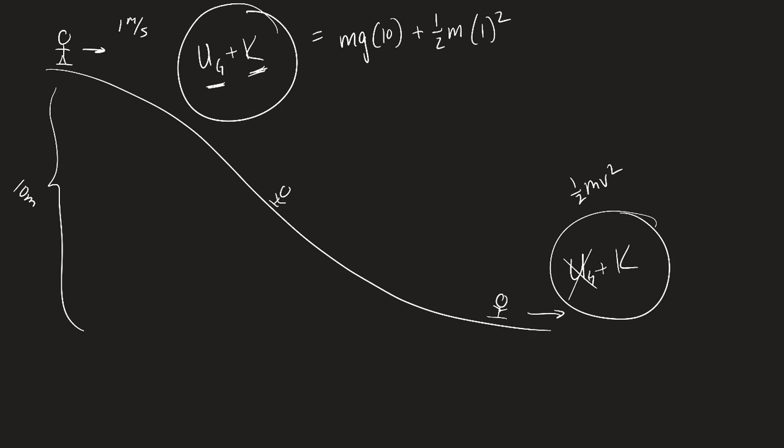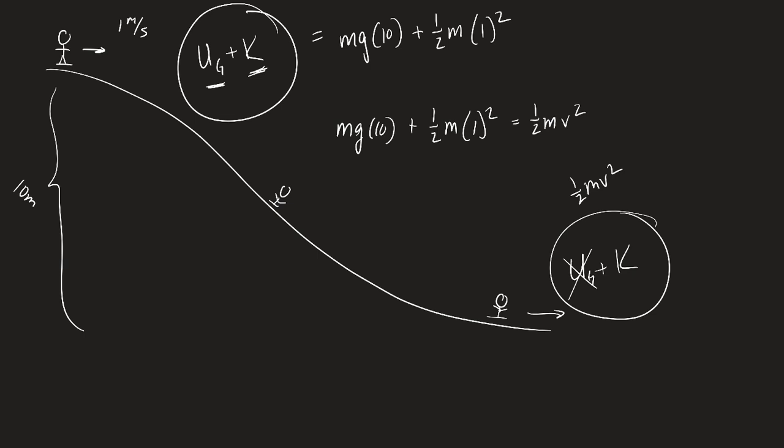Once you have identified the forms of energy in 2 states of the problem, you set them equal to each other. I never gave you the skier's mass. In this particular example, you don't need it. If I did ask for an amount of energy, you would need the mass. But I didn't. I asked for the velocity of the skier at the bottom.